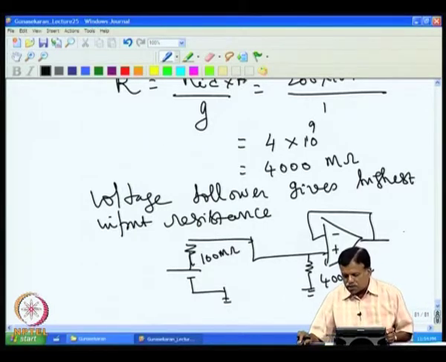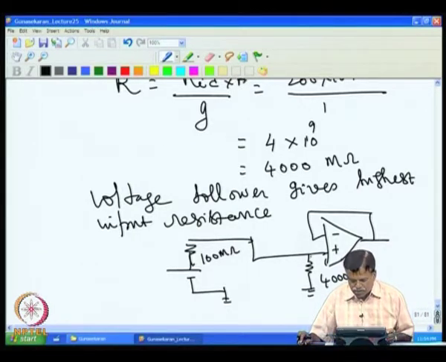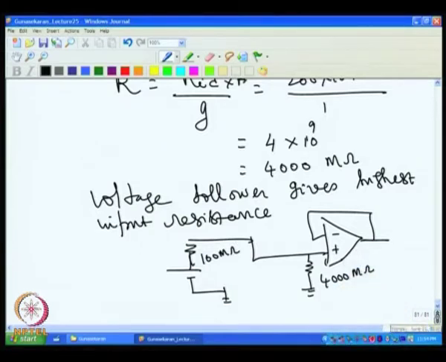The input resistance given by this circuit is 4000 meg ohm if I give unity gain. If I use gain in this stage, then the input resistance would come down, and most of the voltage would be lost on the internal resistance, because when the internal resistance is high, we have to keep this resistance very high. For that purpose only we have to go for a voltage follower at the input stage.